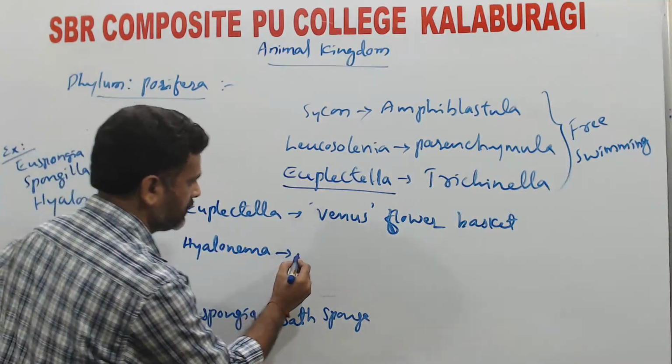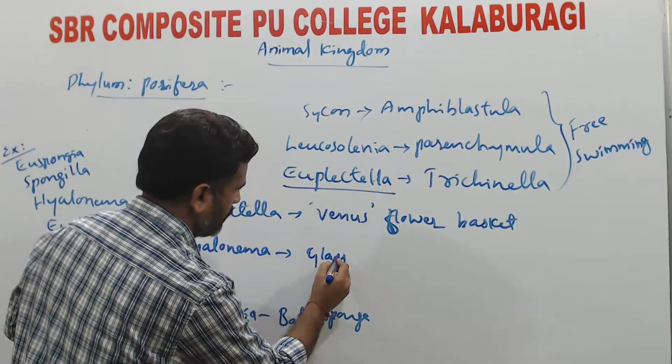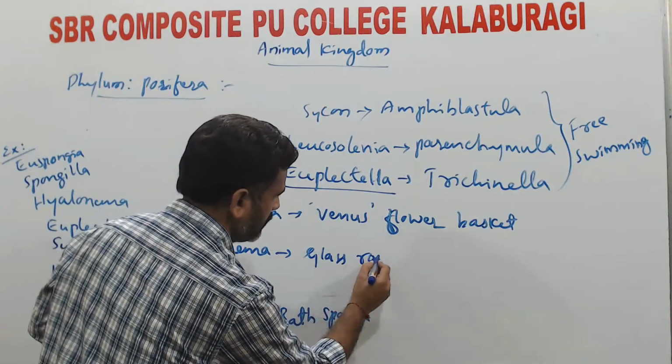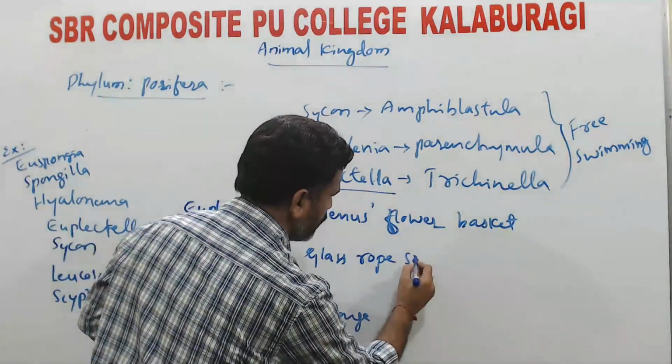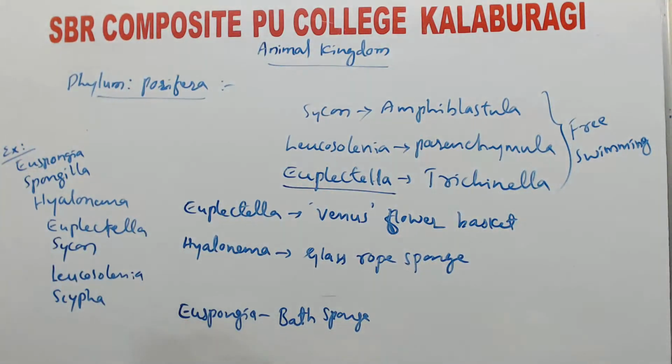Hyalonema is commonly called glass rope sponge. So these are some examples for the phylum Porifera.